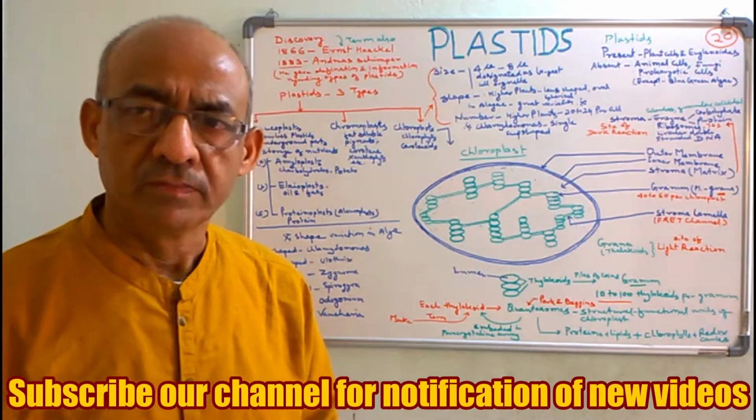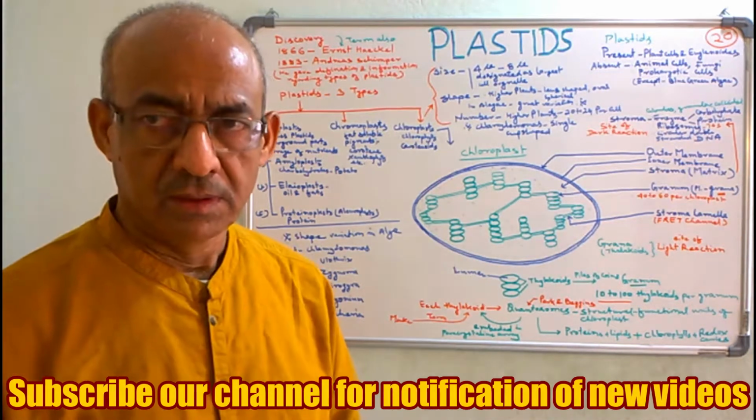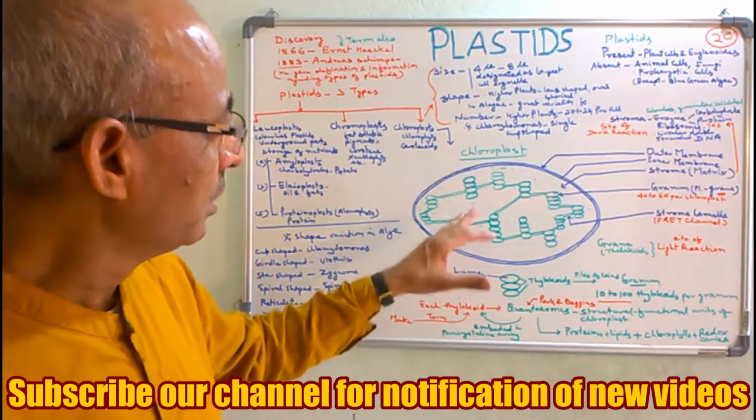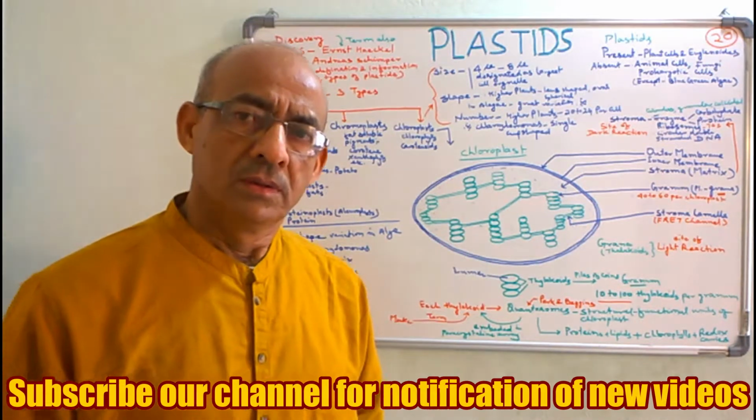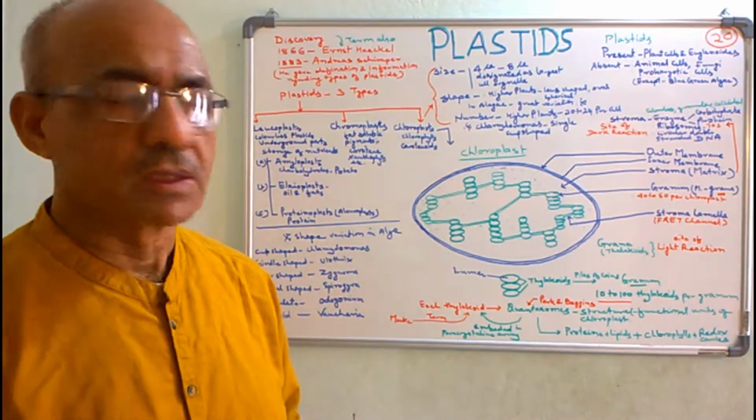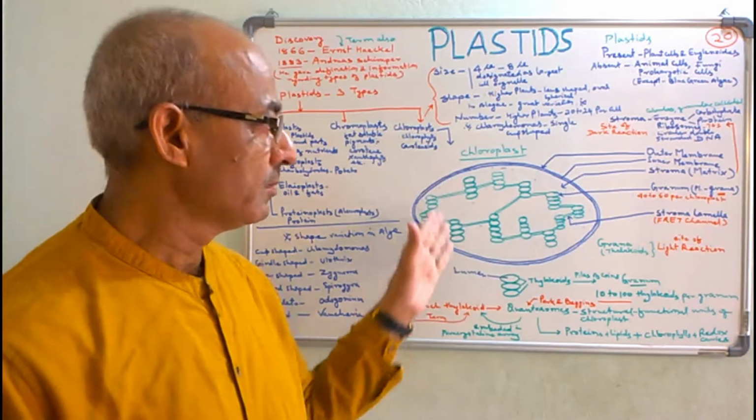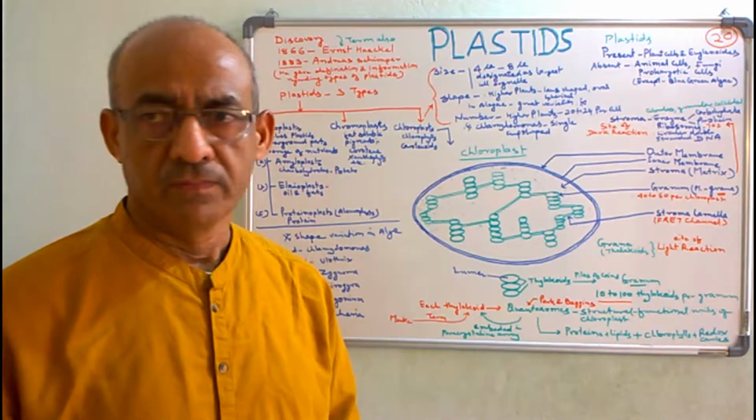And now we will discuss the matrix in detail. As I told you, the stroma or matrix is the ground where a number of grana are found.